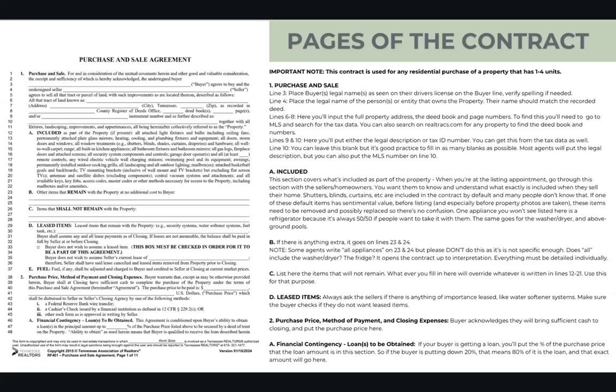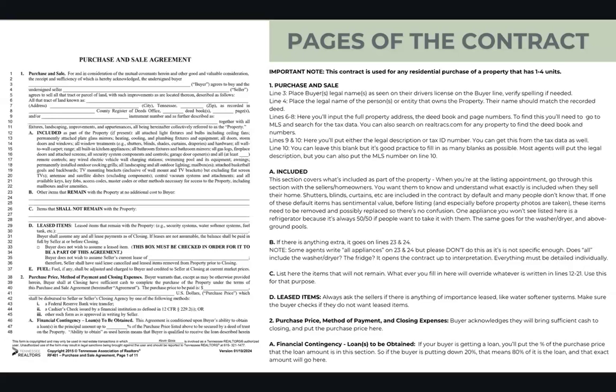Some agents in this section will write all appliances, but please don't do that because it's not specific enough. For example, does all appliances include the washer dryer, the fridge? It just opens up the contract for too much interpretation. Everything just has to be very detailed and clear.